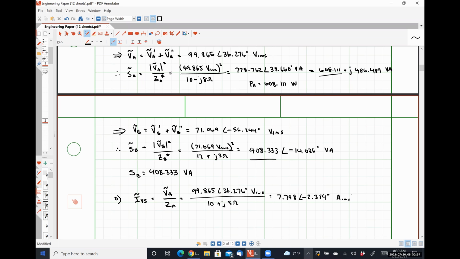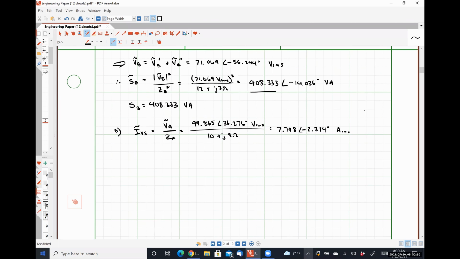So our power factor at which our voltage source is supplying power is going to be cosine of the angle at which the voltage source operates, which was 0 degrees, minus the angle of the current flowing through the voltage source, which is minus negative 2.384 degrees.